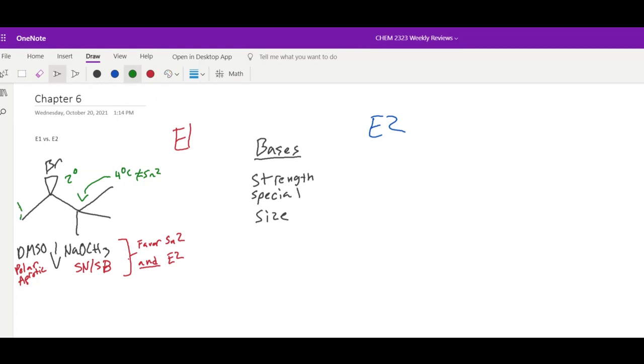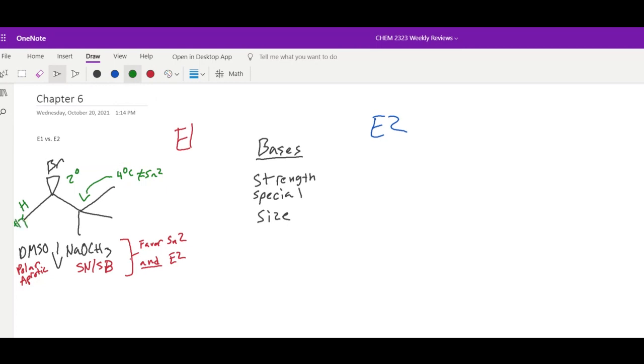So for E2, or elimination in general, you're going to take a look at your adjacent hydrogens, because you have to form a bond between the carbon that contained your leaving group and an adjacent carbon, by deprotonating one of the hydrogens. When this leaves and this also leaves, there's going to be an imbalance of charges on both sides. So you're going to put a double bond in between your deprotonated carbon and your carbon that has a carbocation.